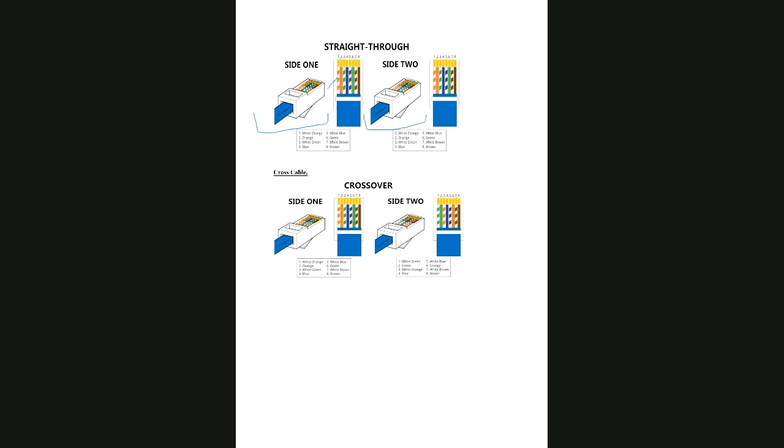That means this pair will remain the same on both sides: if there is a white orange, it is going to connect with the white orange, and if on the second we have orange, then it is going to pair with the orange. So that's how we have the pairing in the straight through cable.